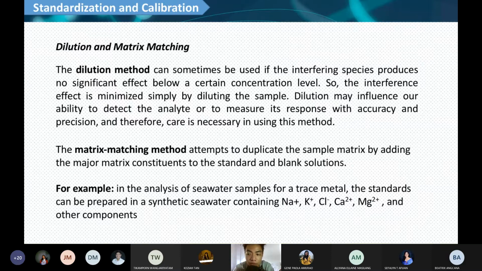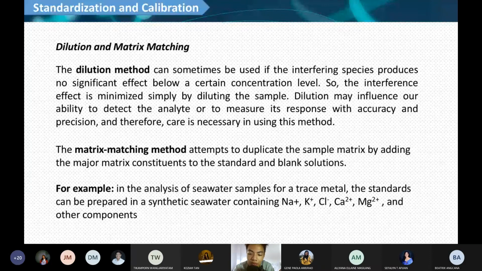You just add water to your sample so that the concentration of your interferences will decrease. Because the concentration of your interferences decreased, the instrument response for those interfering ions will also decrease, leaving your analyte, your desired substance, the only thing that is readable by the instrument.